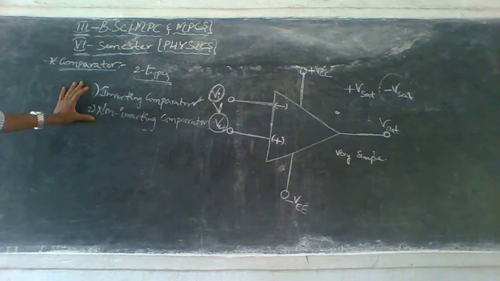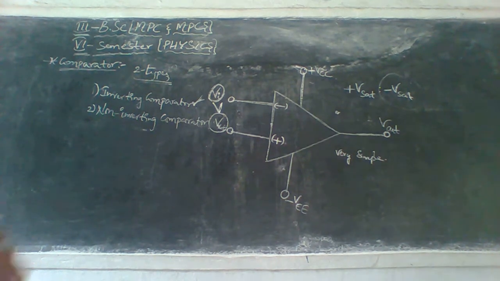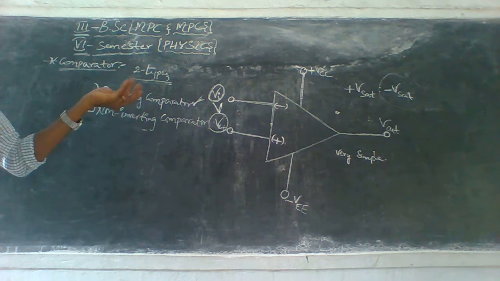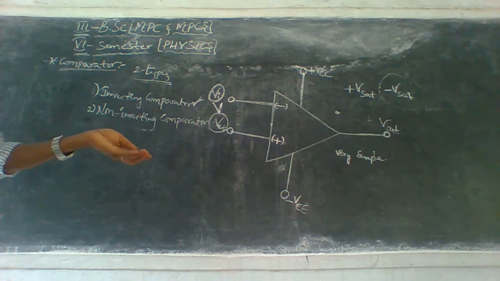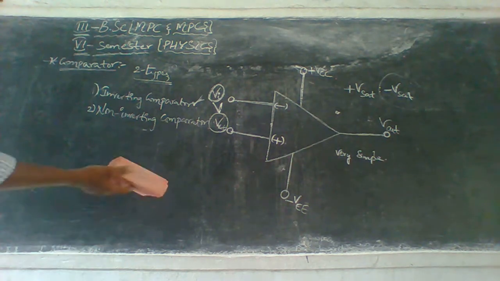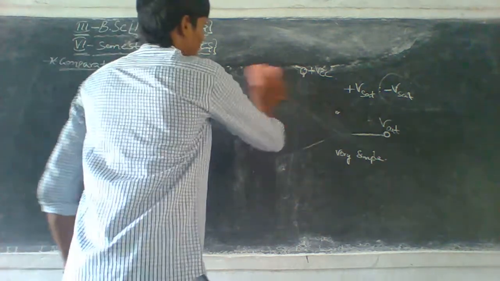For example, let us draw the output waveform of the inverting comparator when a sinusoidal input signal and a reference voltage of 0 volts are applied to its inverting and non-inverting terminals respectively. So we can see the circuit diagram.